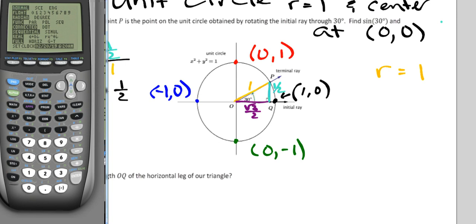You want to make sure this is on degree, because if I did sine of 30 right now, I am not getting 0.5. I'm getting 0.988.